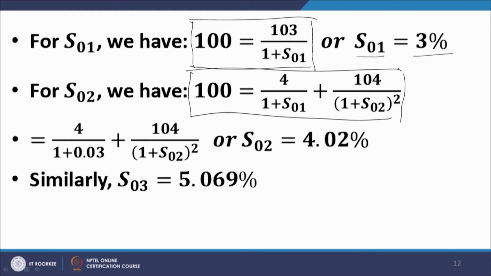You are going to get a coupon of 4 because we assume that the coupon rate is equal to the par rate. So, we get a coupon of 4 at the end of one year, t equal to 1 year, and at the end of 2 years we will get the redemption of the principal of 100 and a coupon payment of 4. So, that is 104.